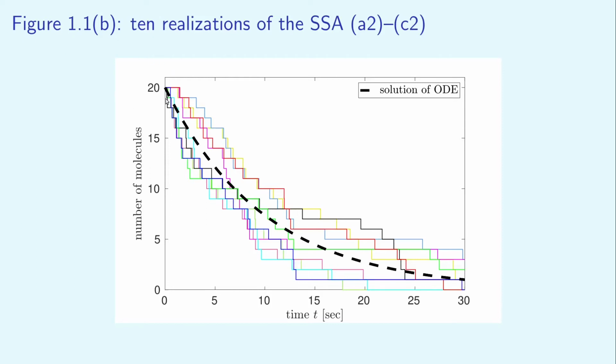Since it is so efficient to calculate individual realizations of our improved SSA, we can easily calculate millions of stochastic realizations and we can average over these results to obtain the expected number of molecules in the system at time t. Looking at the 10 realizations plotted in this figure, we could hypothesize that our ODE solution could provide a good description of the average behavior of the system. And we can prove this.